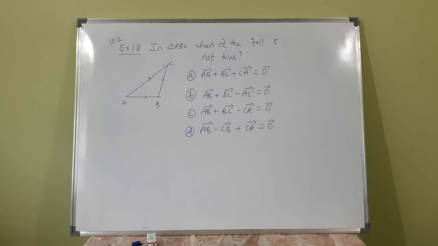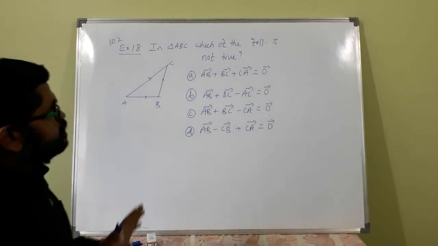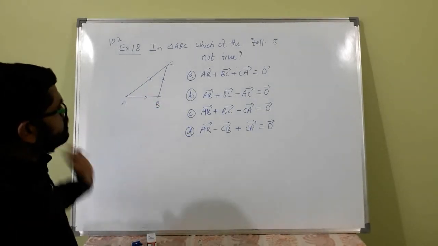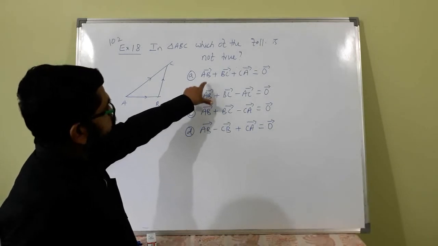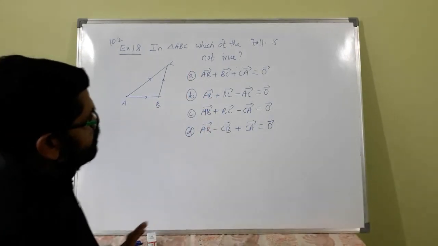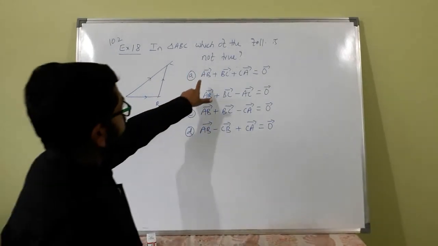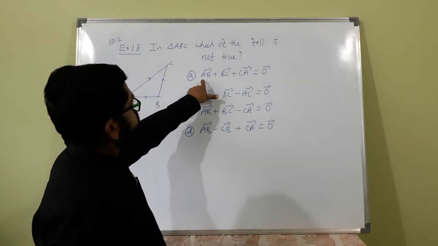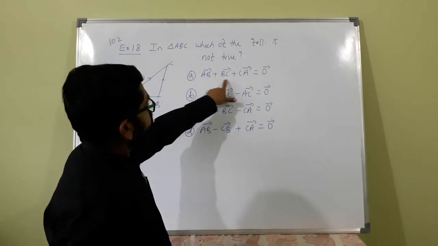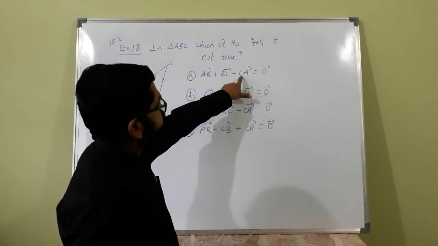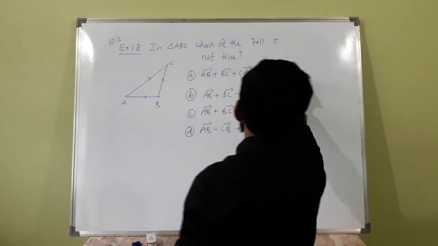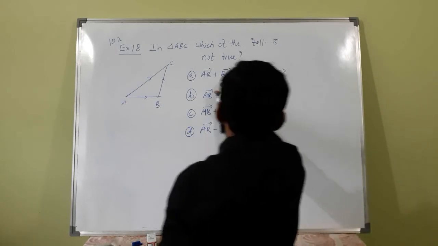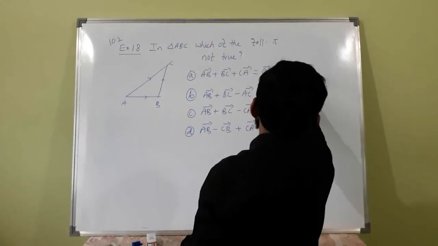See, next question is, in triangle ABC, which of the following is not true? You have to apply the triangle law, that's all. First one, this implies AB plus BC is AC.